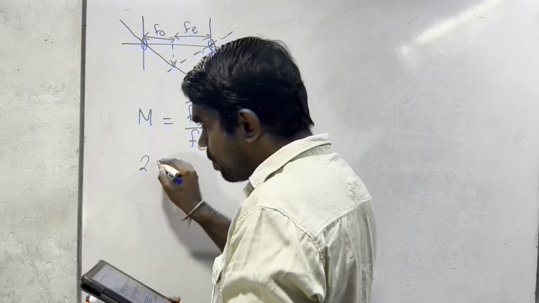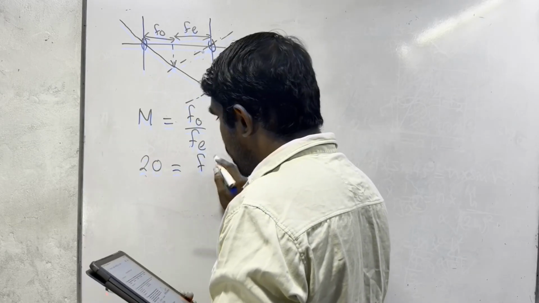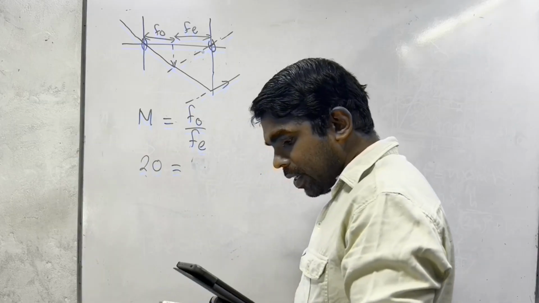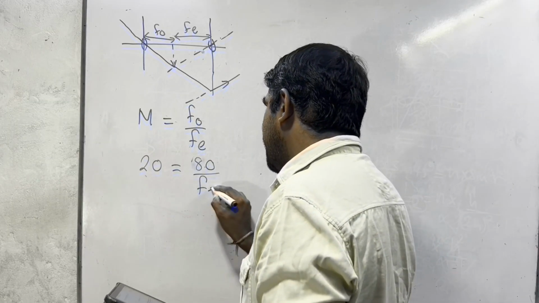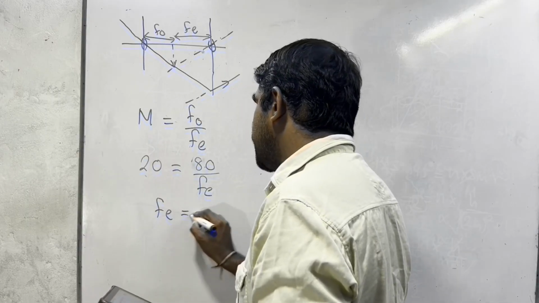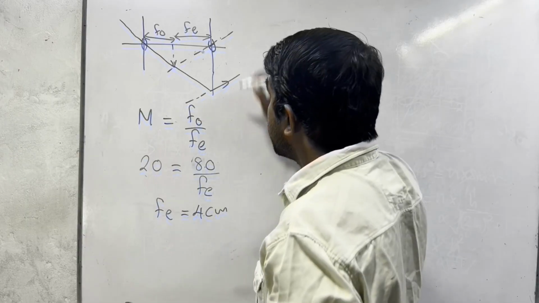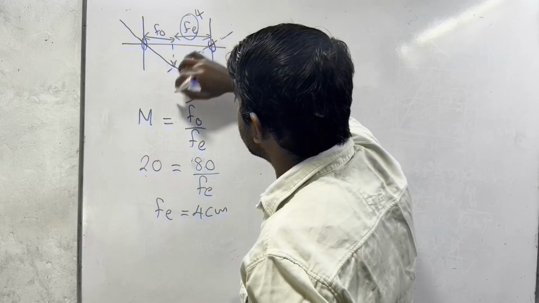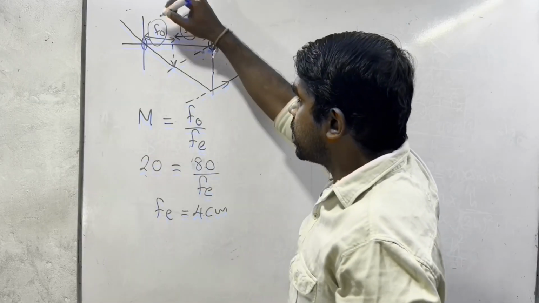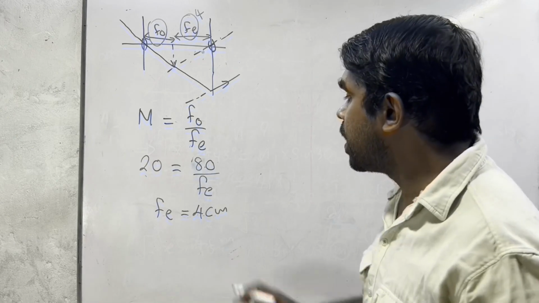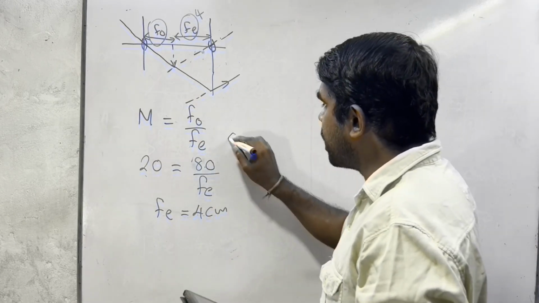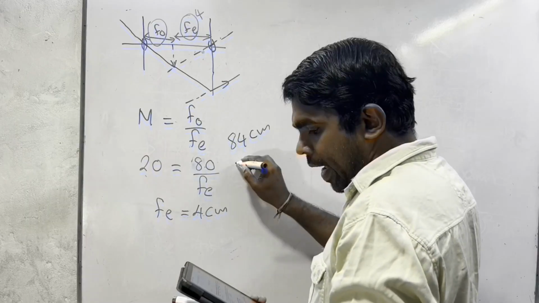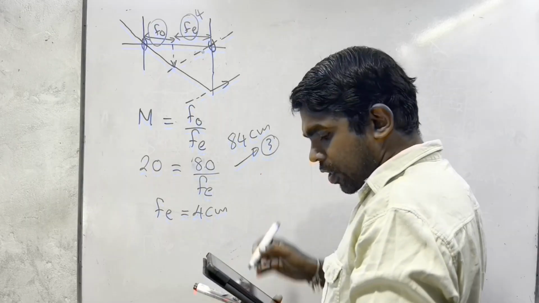Now they have given magnification 20 and focal length of the objective lens 80. Then we can find Fe. Fe is 4 centimeters. Then this distance is 4 centimeters, this distance is 80 centimeters. Then the gap between the two lenses should be 84 centimeters. We can obtain the third one is the correct answer.